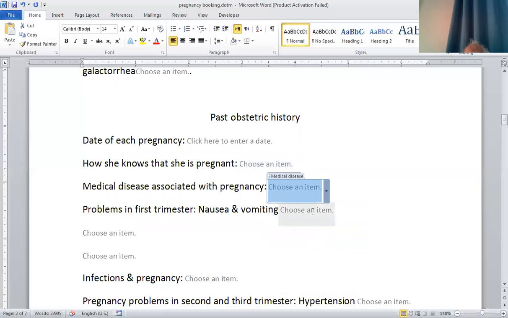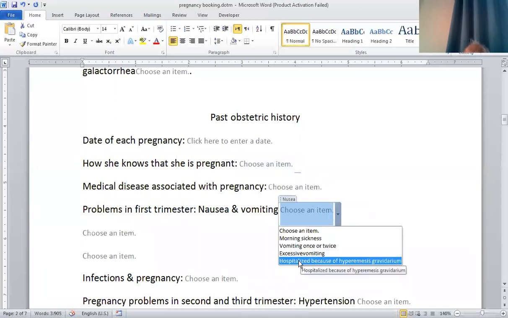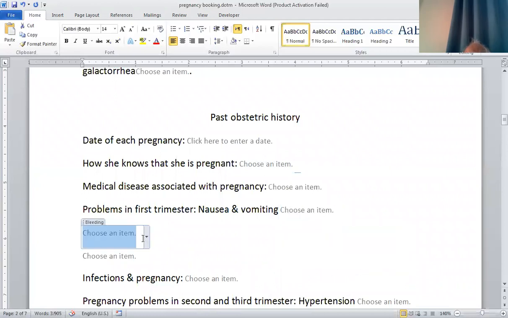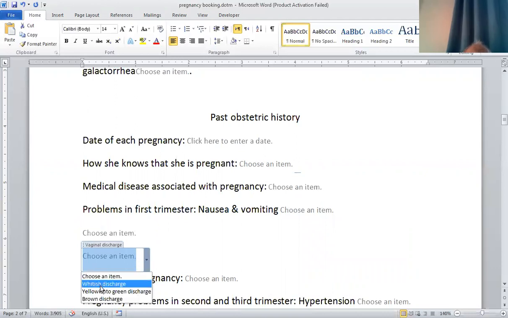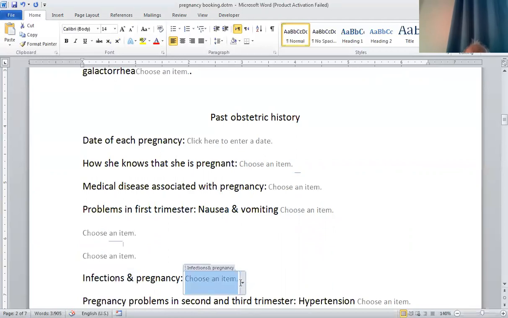Did she have nausea and vomiting, excessive vomiting, or was she hospitalized because of hyperemesis gravidarum? Did she have bleeding, vaginal spotting, or moderate to severe pain during pregnancy or not? Did she have any vaginal discharge during pregnancy or not?